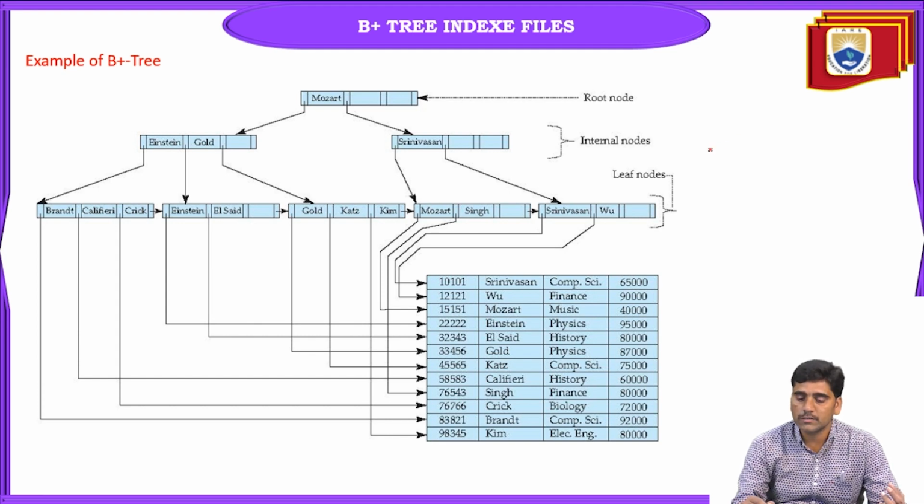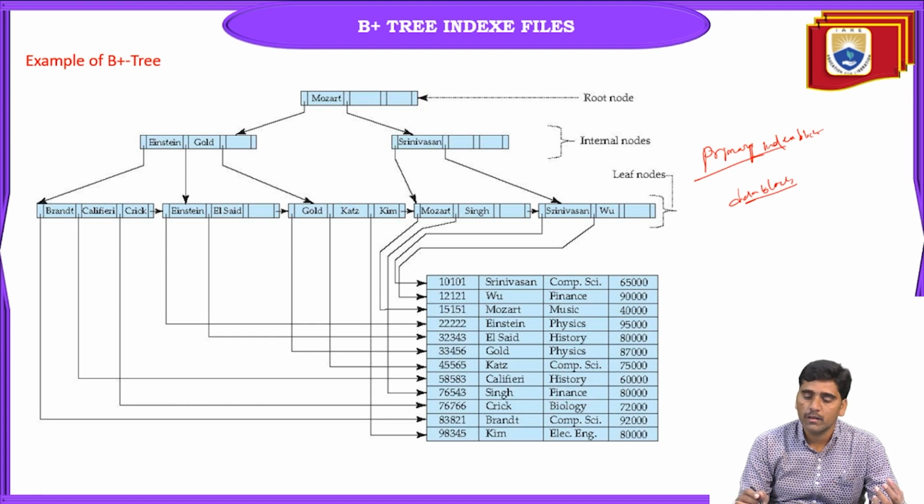This indexing mechanism allows index blocks as well as data blocks. All the index blocks indicate search key values, and the search key values are indexed or pointed towards data blocks.